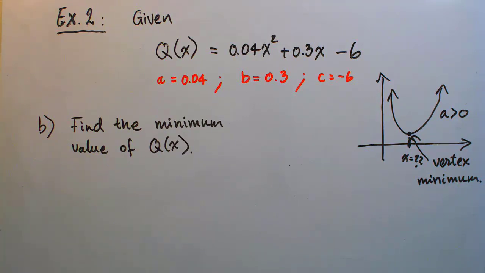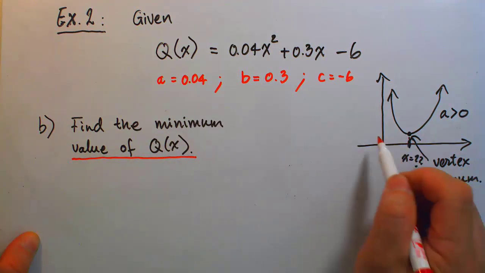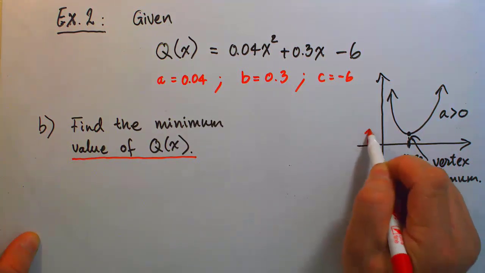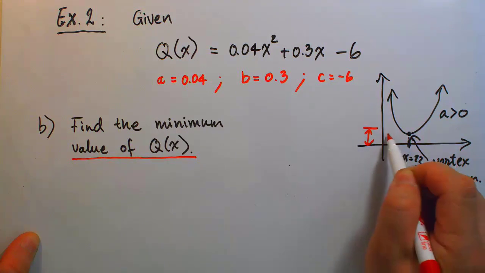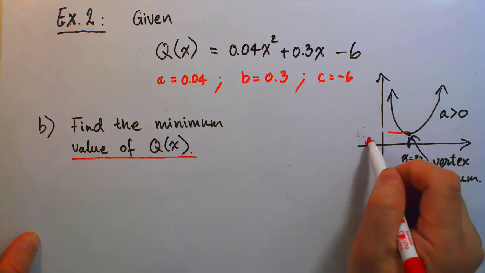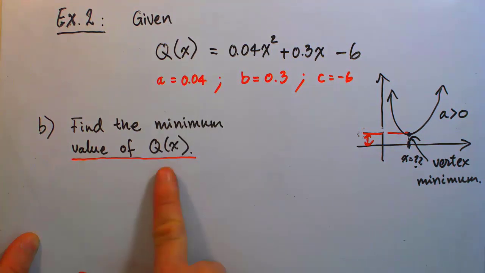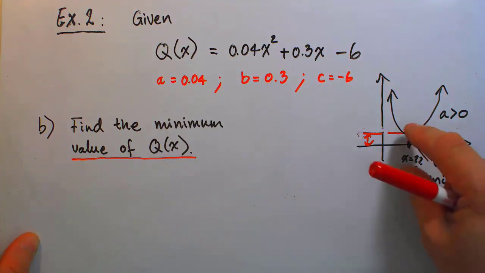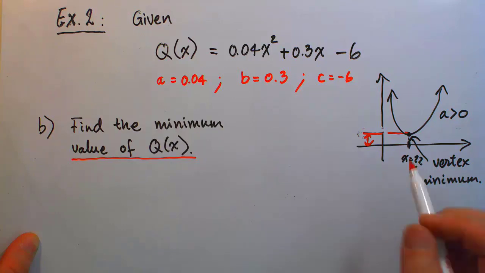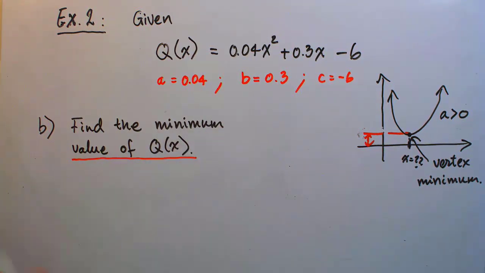I need to underline again, but the value of q of x, graphically speaking, is the y value. The y value of that vertex right there is the output value of q of x. You can see that it's the shortest height out of all right there, so that's why it's the minimum. We're looking for the minimum value of q of x.